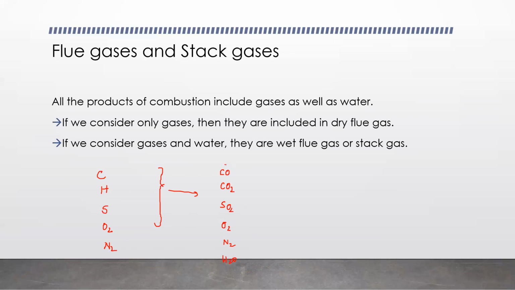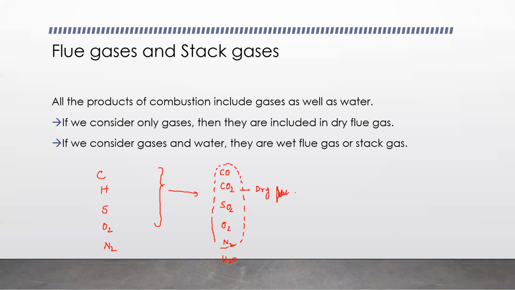Now, if we consider only these gases, that is carbon monoxide, carbon dioxide, sulfur dioxide, oxygen, and nitrogen, that is all gases except for water, then these gases are called dry flue gases.